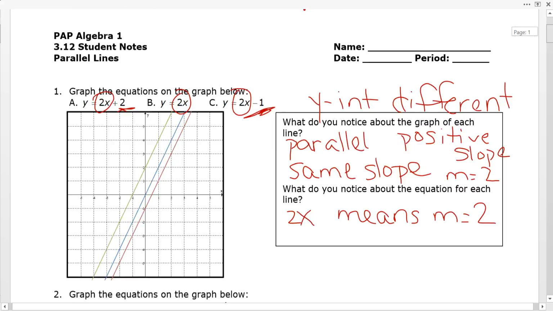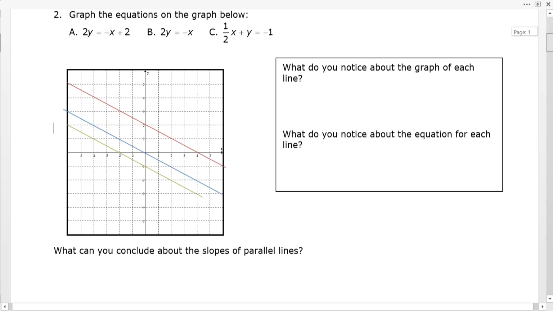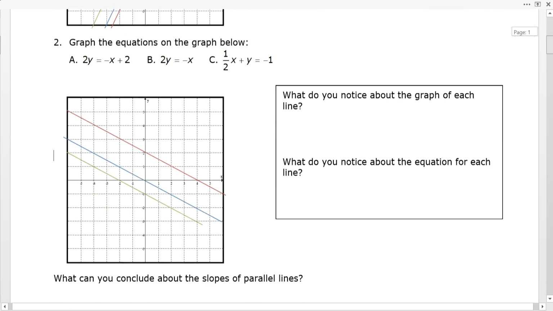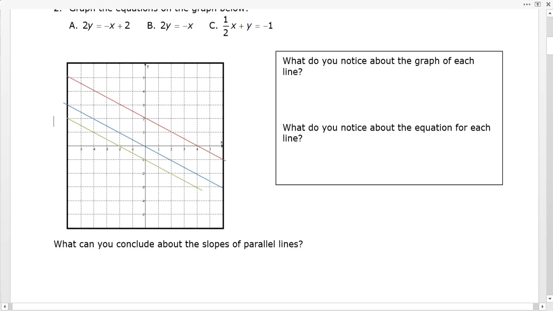Okay, let's see if it's true for number 2, which I hope you already figured out it is. Okay, so what I did in number 2 while I was talking to you before was I divided everything by 2, which means that we have y equals, ooh, and that should be 1. So actually, just pretend like my red line is down here because I put it up too high. But the slope is negative 1/2.